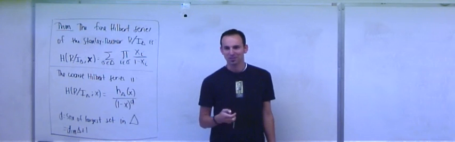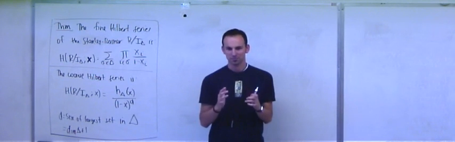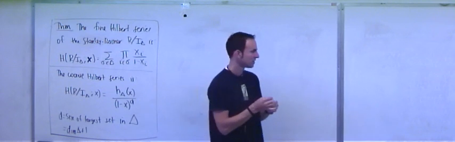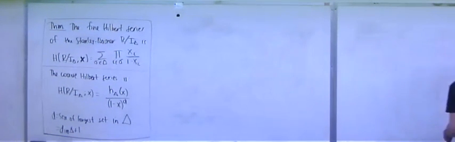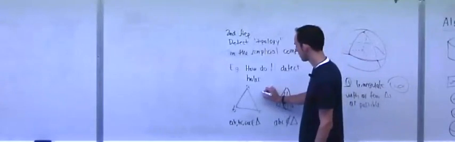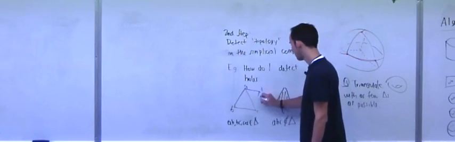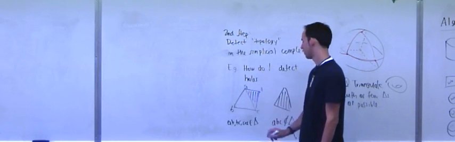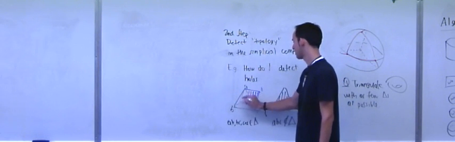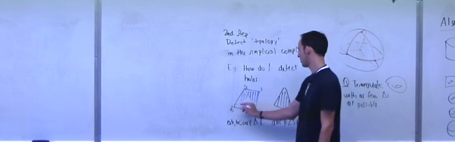Why not? Because it might look like a hole, but actually there might be some other stuff connecting. It's a little bit more subtle than this, because it might be that this looks like a hole, but actually there's some other vertex here, D, such that ADC is a face, ABD is a face, and BCD is a face.